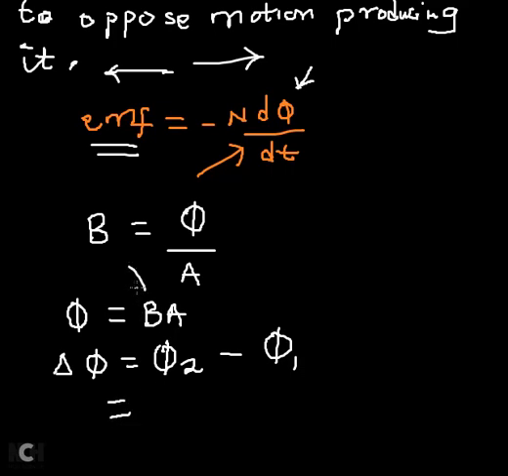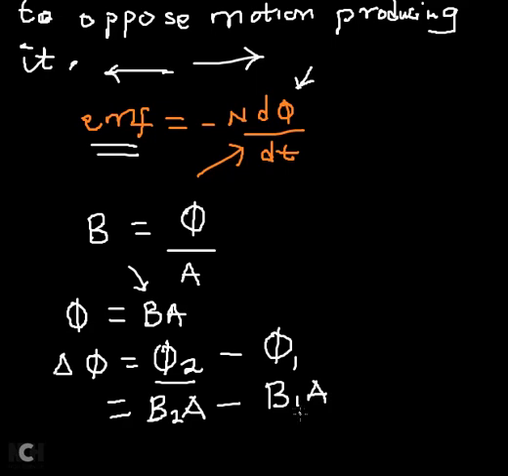What will change is the magnetic flux density. So the final flux is B2 multiplied by the area of the coil, then minus the initial flux, B1 multiplied by the same area of the coil.